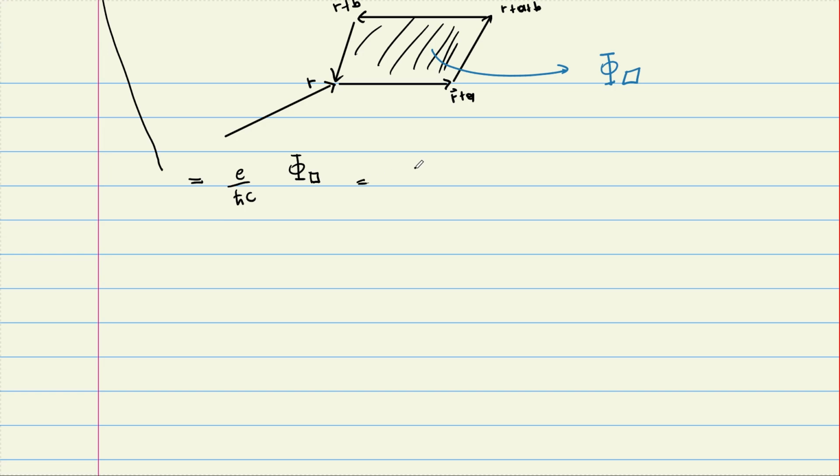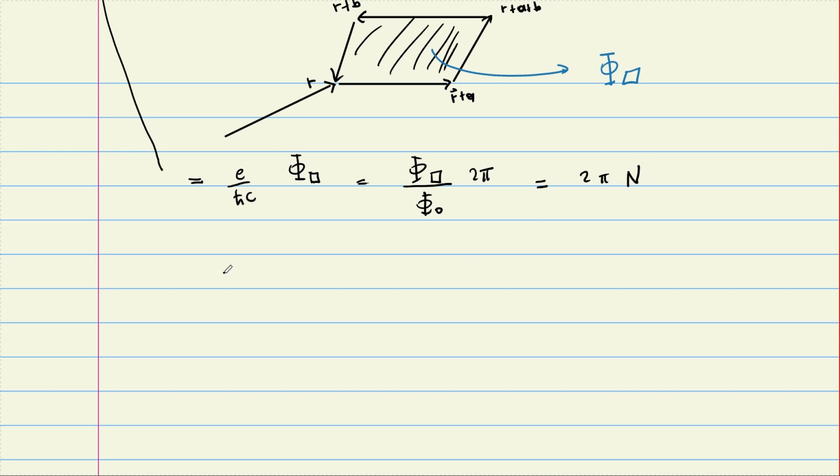With h bar written as 2 pi, hc over e is the flux quantum phi naught, and we required this to be 2 pi n.